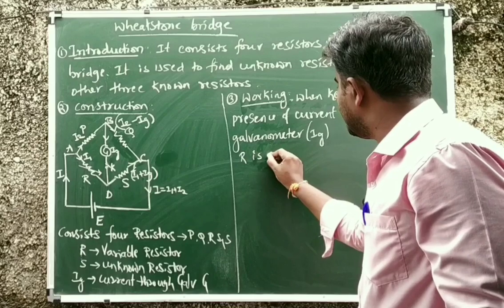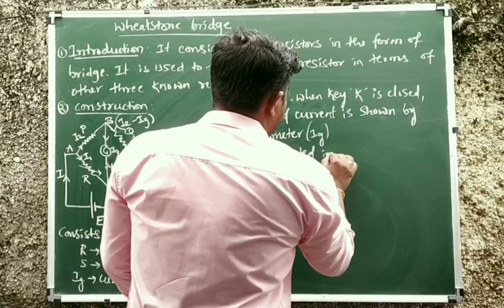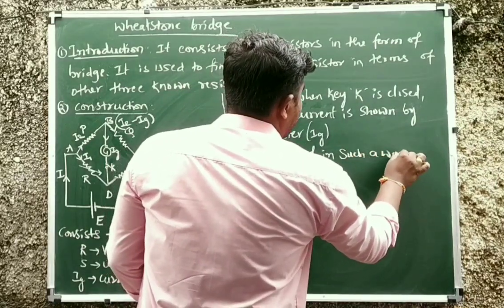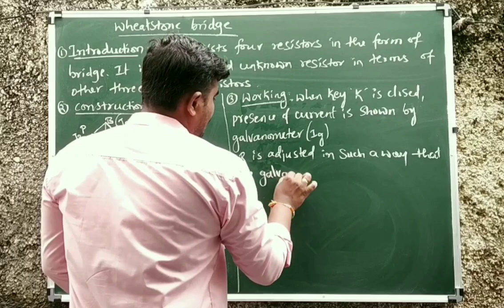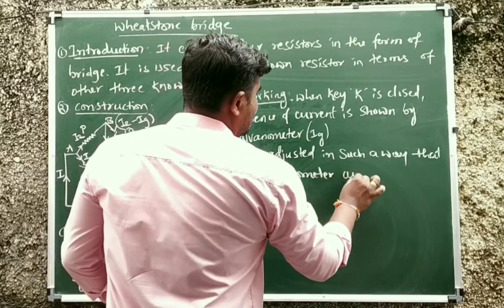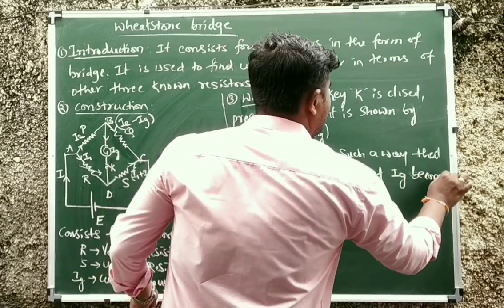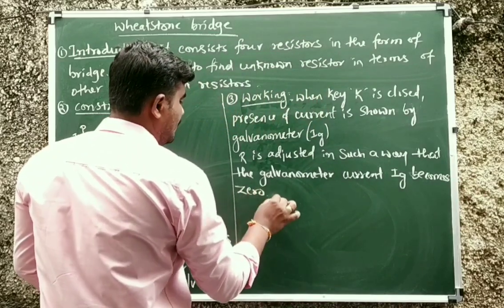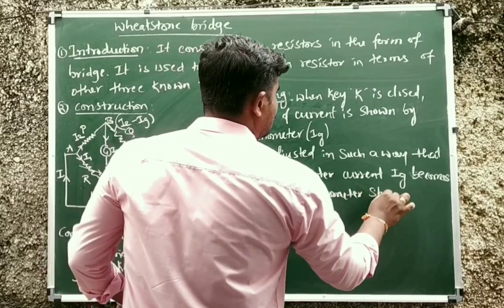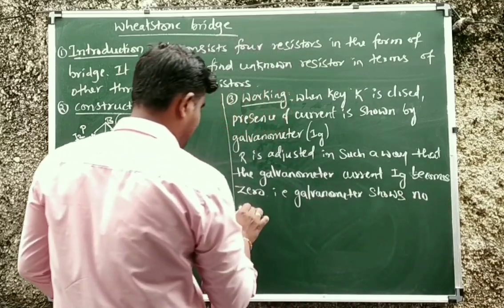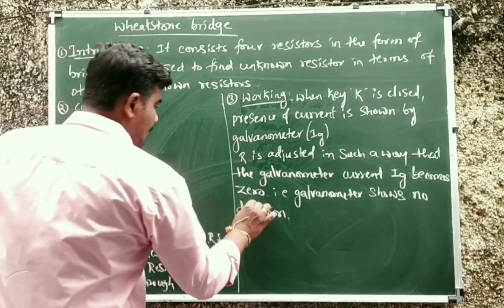R is adjusted in such a way that the galvanometer current IG becomes 0, that is, the galvanometer shows no deflection.